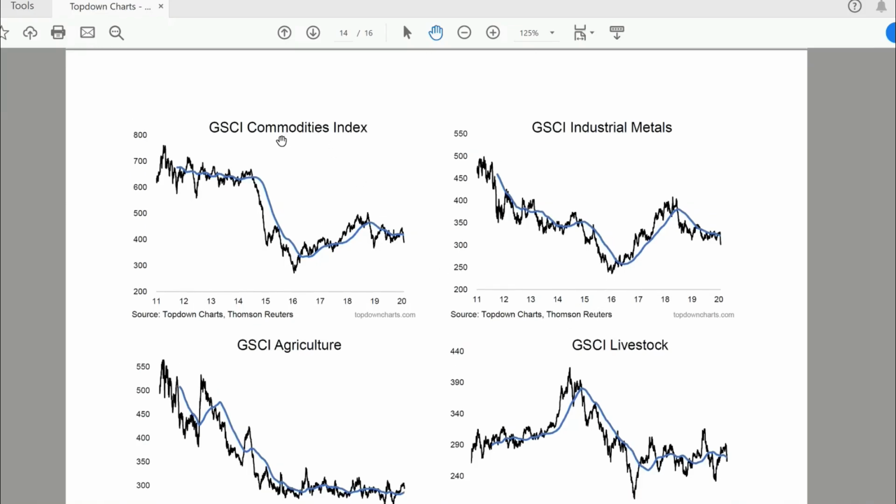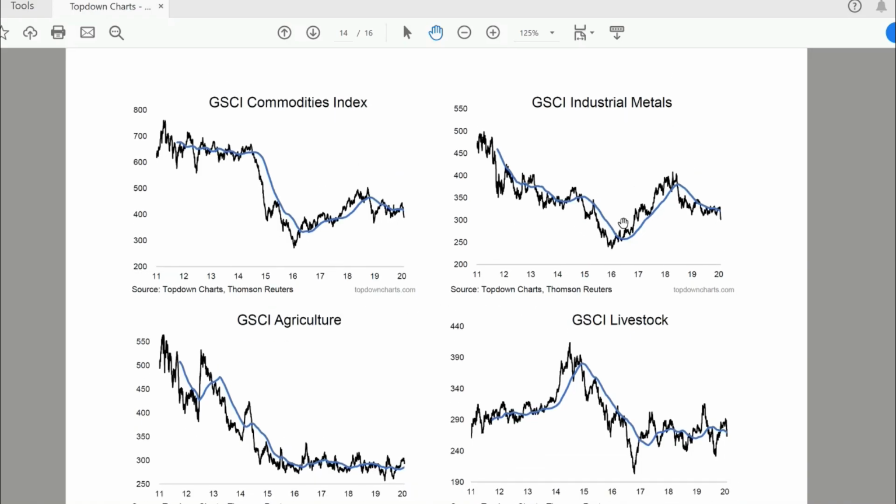So we've got the GSCI, one of the major commodity benchmarks there, and then the sub-indexes from that. So GSCI industrial metals. Actually, I noted this one, I'll get to it in the email in a second, but it has broken down through support there.